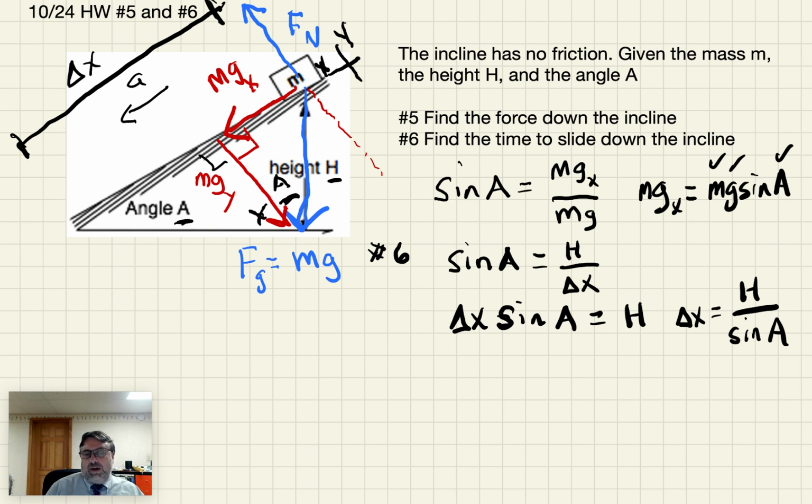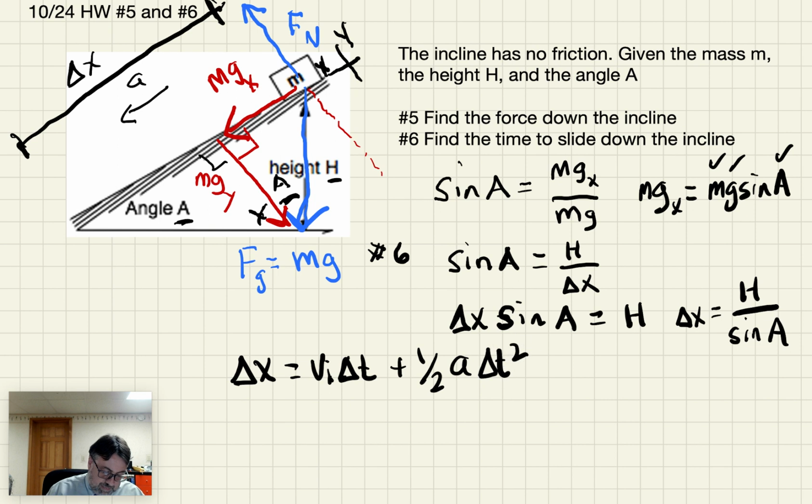So now to get the time, I'm going to need to do a motion equation. I like this equation for this problem. Because VI equals 0, I can cross that piece out.